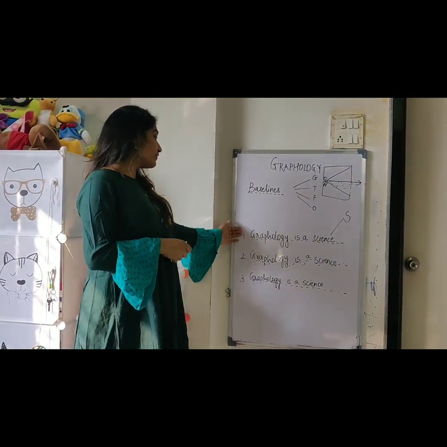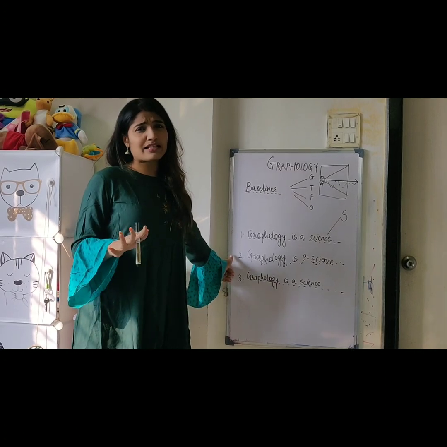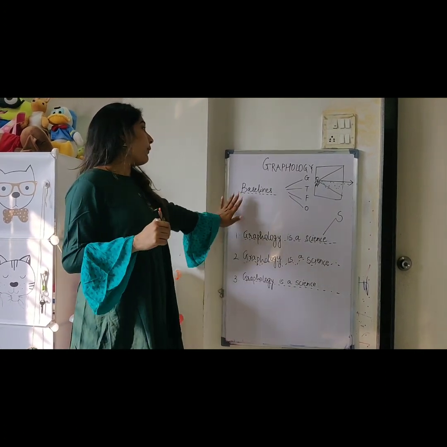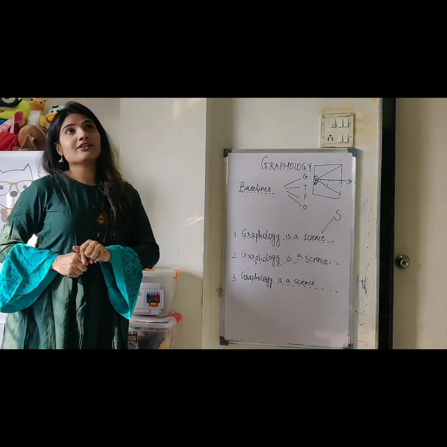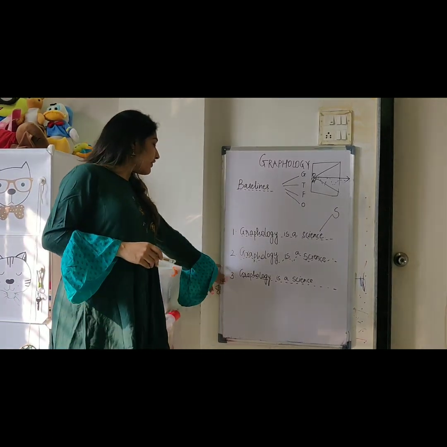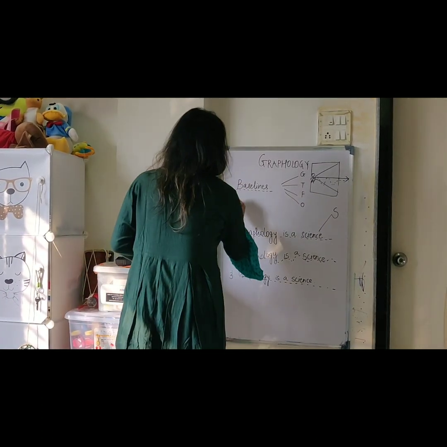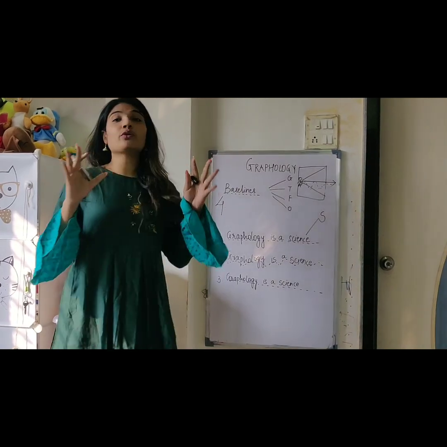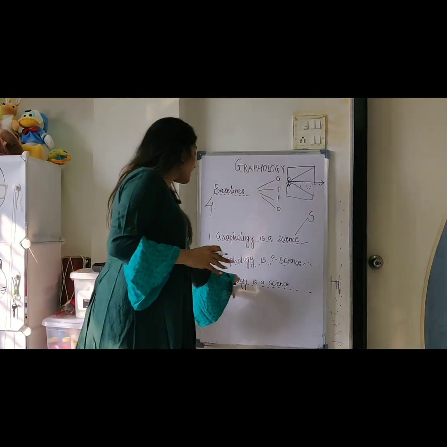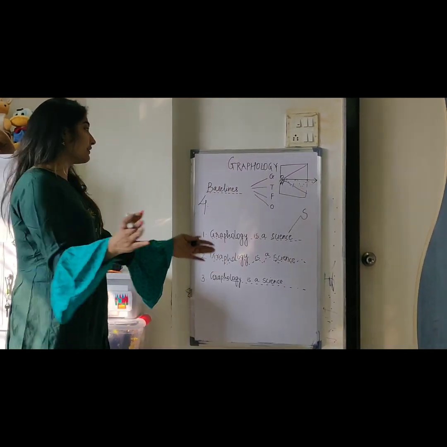And yes, these are the 3 very common baselines you might find. One bonus baseline I'm going to tell you. It is the 4th one, which is a steeper descent. Now this is a descending baseline, I agree.